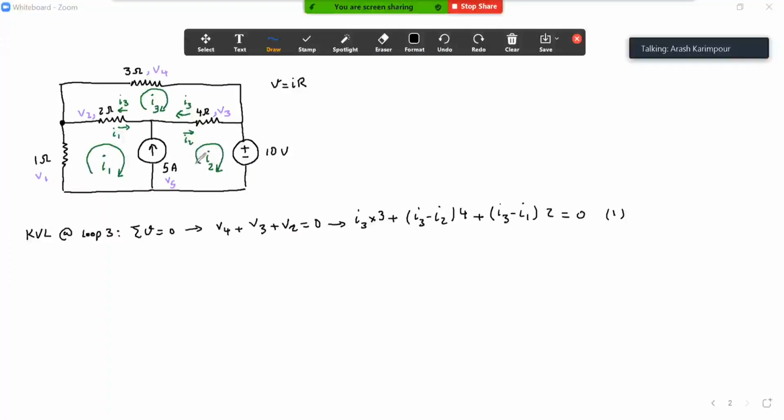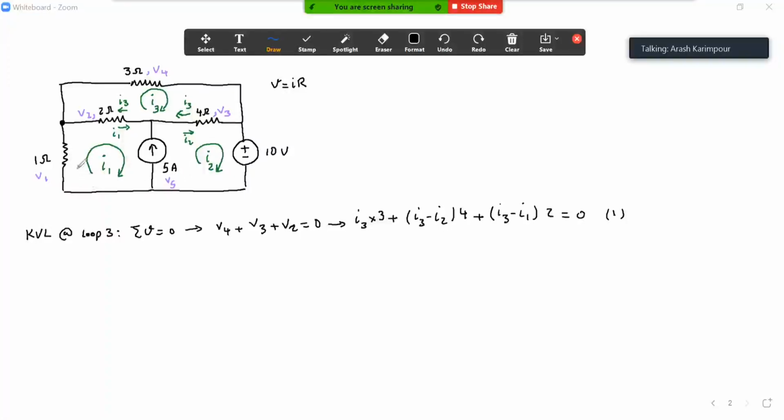So I have to think of another way of writing the mesh current equations for this case. I already used this mesh, and I want to find a way to use these two meshes in my calculation as well.